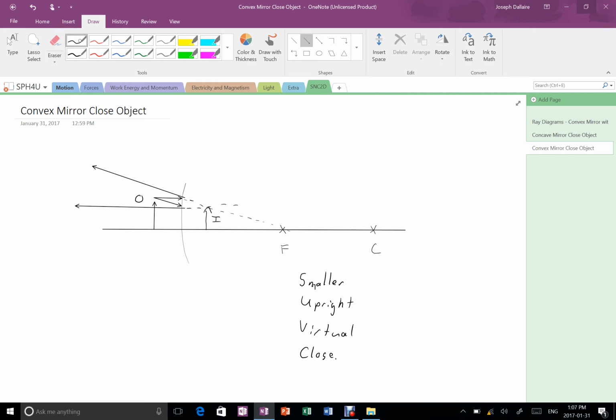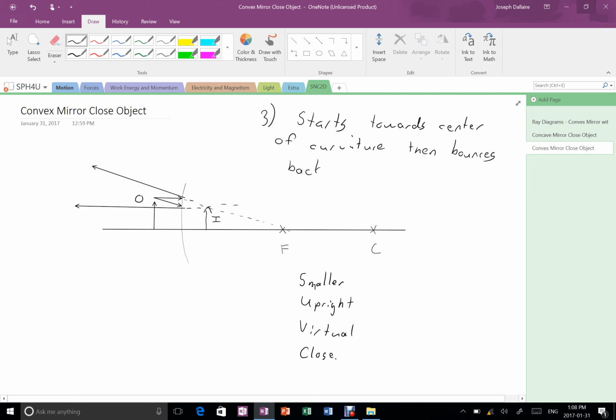So the third ray starts towards the center of curvature, then bounces back on itself.